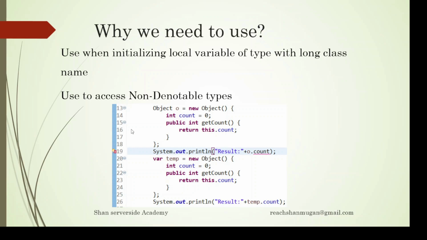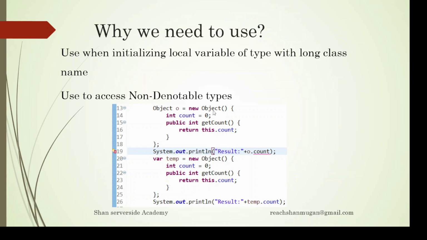The second one is a very important one. We can use it to access non-denotable types. What are non-denotable types? When you are creating an anonymous class object, like in line number 13, with a class member variable like count and a method getCount, you still have to use the variable type as Object because it's an anonymous class.